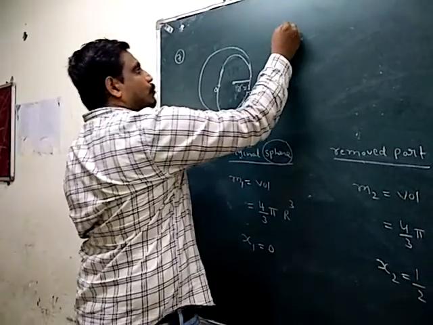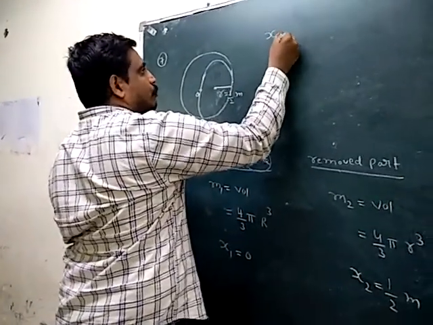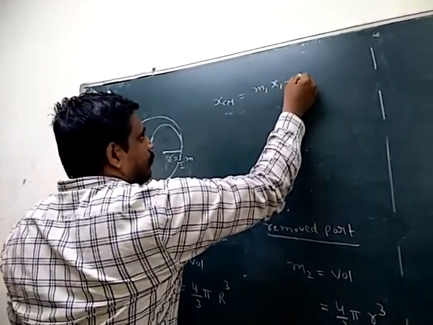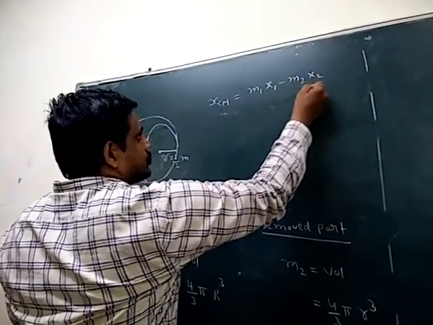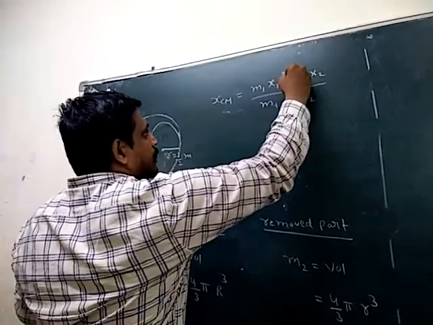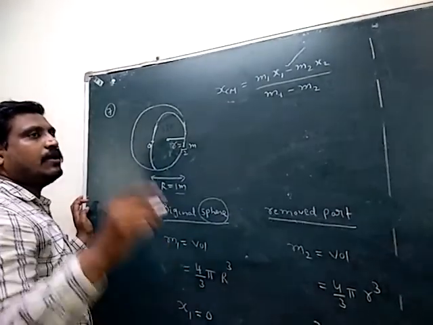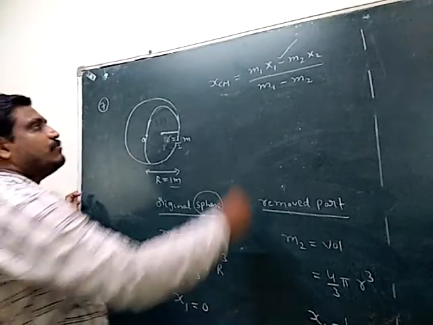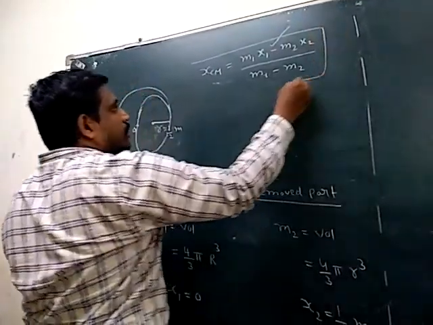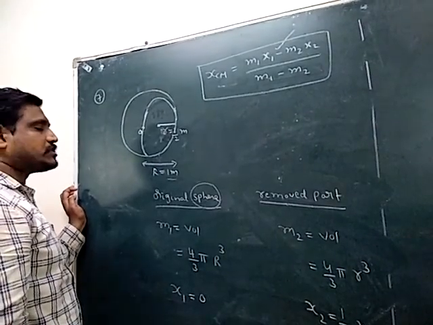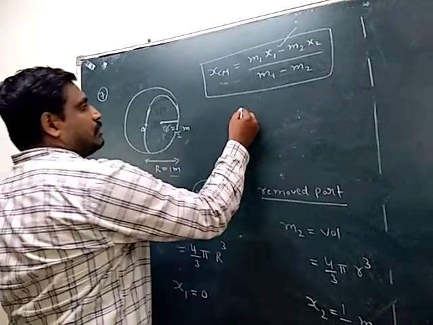In this case, since it is a removal, the axiom formula is m1 x1 minus m2 x2 by m1 minus m2. Here minus, when only removing is seen in the question, minus can be taken. What is the axiom formula? m1 x1 minus m2 x2 by m1 minus m2.